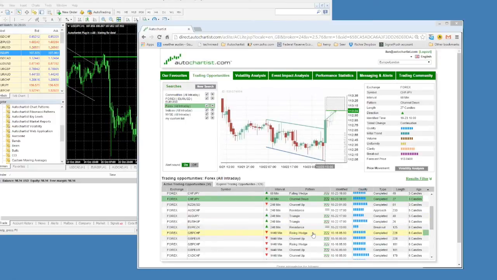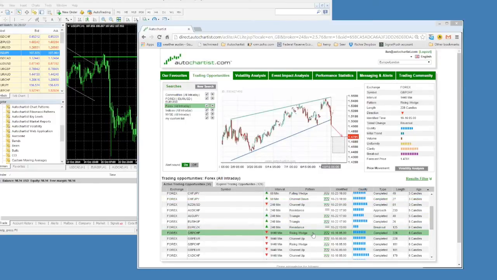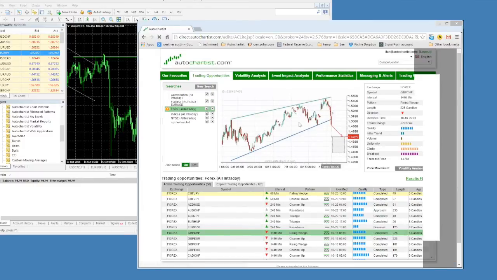Okay, here is a rising wedge on pound Swiss franc, a rising wedge which has formed over 228 daily candles. Okay, so this is certainly worth a look.